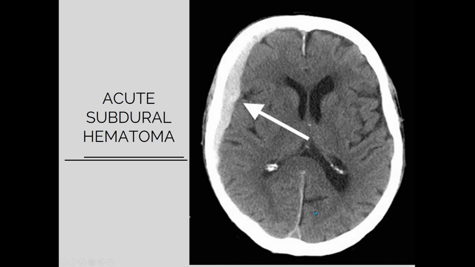Acute subdural hematoma, and here you can see the shape is crescent shape. And why is this crescent shape? Because this blood is spreading over the surface of the brain. Because of that, there is no limitation and it is spreading. That's why it gets the shape of a crescent.